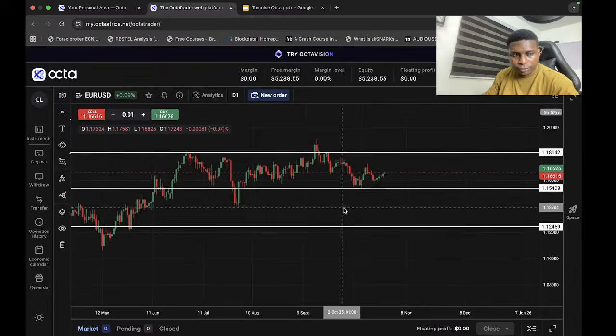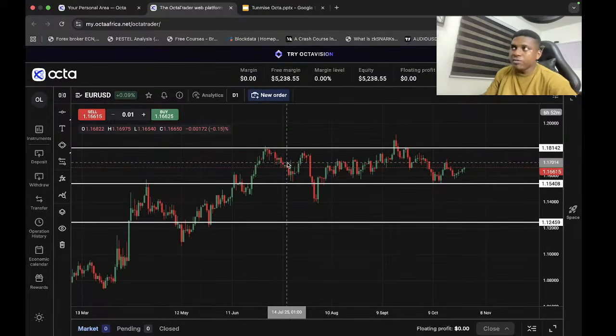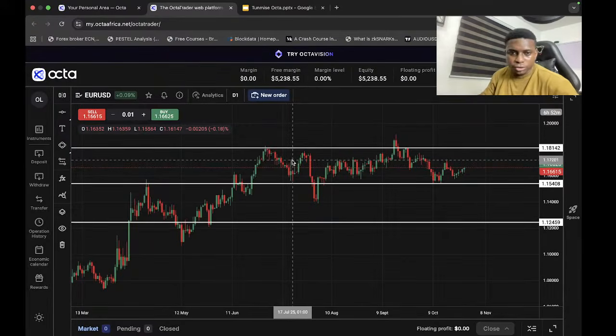Now you can see that we've been able to understand the market structure, where the market is coming from, and where it's most likely going to.